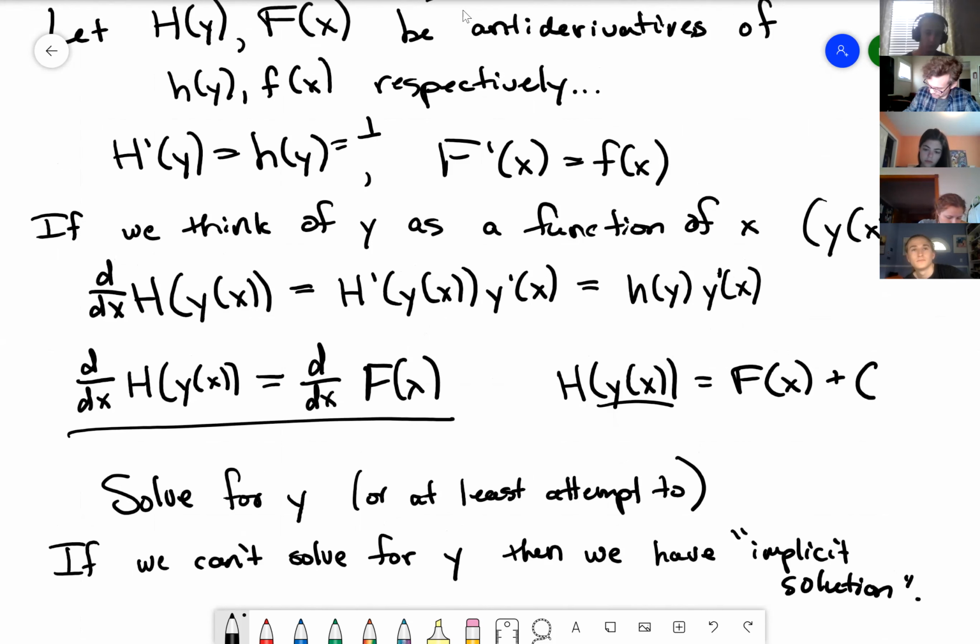Remember, this was 1 over g of y. So all we had to do was find an antiderivative of f of x and an antiderivative of 1 over g of y. We call this h of y. So fairly straightforward things that we can do in terms of the calculus that we already know.